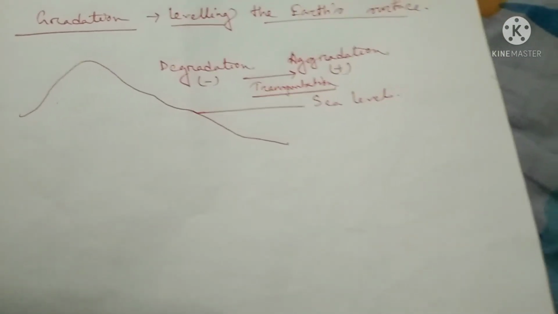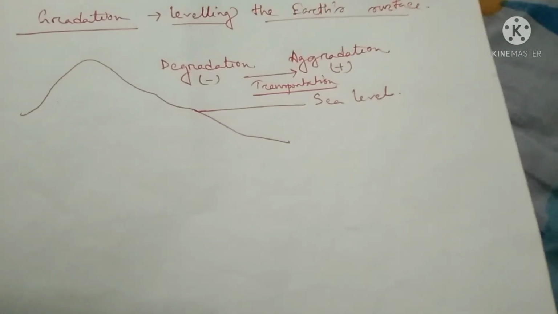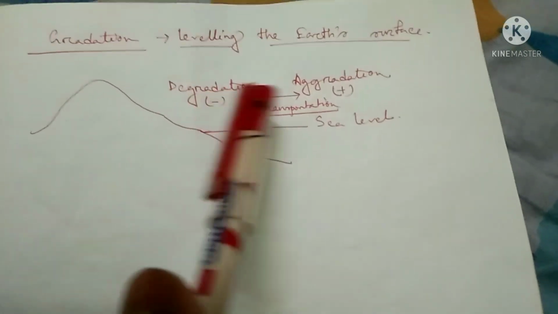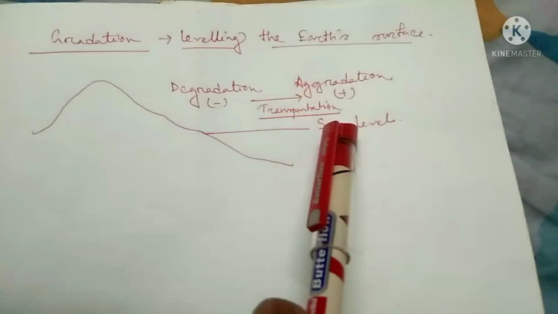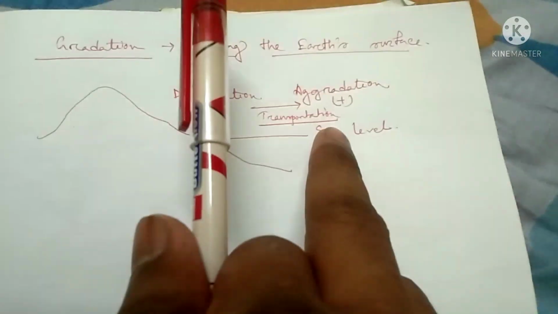Clear? You should remember one important thing: there is a loss of land, which means degradation; there is an addition of land, which means aggradation; and there is another important thing working in between, that is transportation.